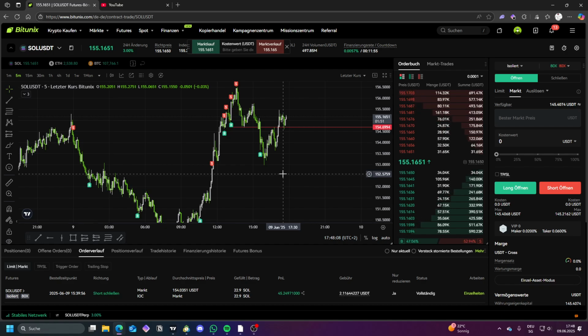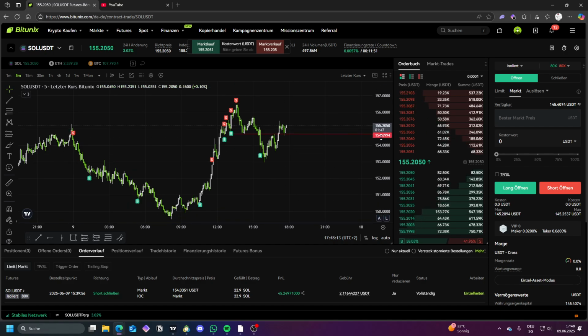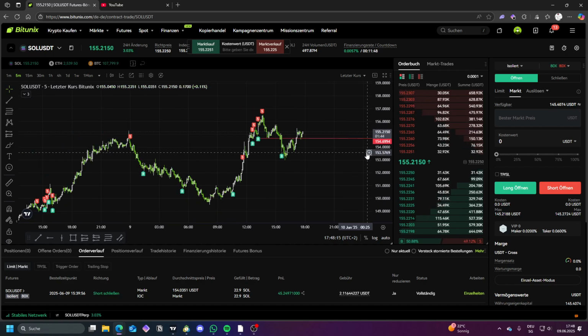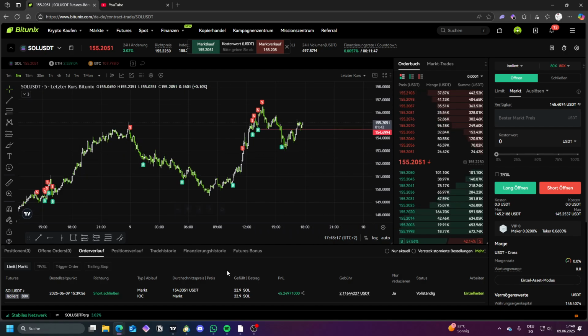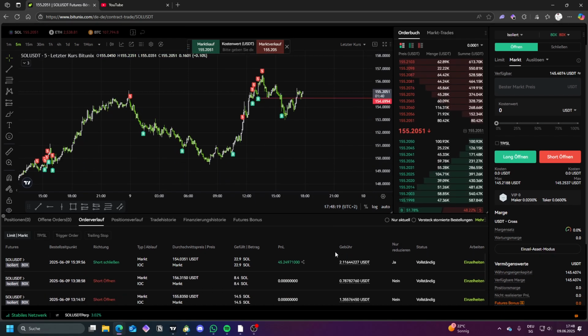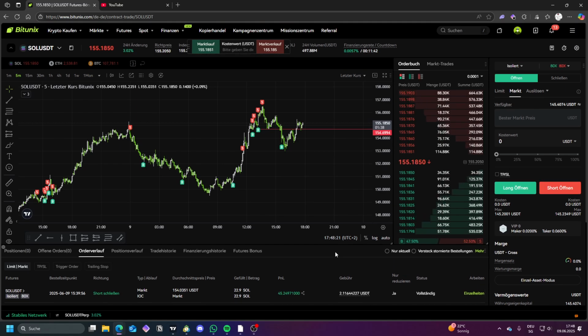I was looking at the chart, doing my technical analysis, and I had a very, very good and clean trading setup for crypto today. So I was able to turn this $28, $33, I don't really remember, to $145. I mean, look at this, how clean.